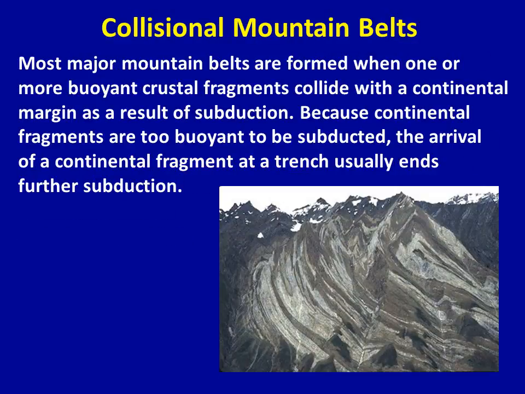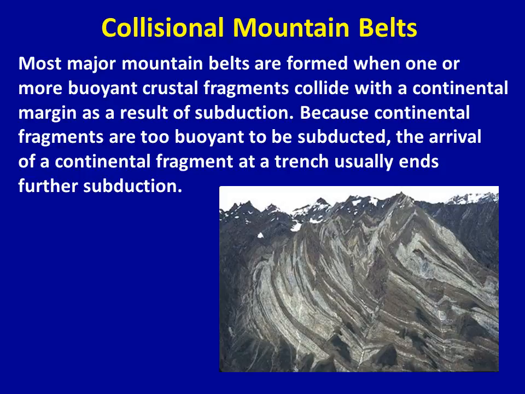Now, in general, collisional mountain belts are formed when one or more buoyant crustal fragments collide with a continental margin as a result of subduction. Because continental fragments are too buoyant to be subducted, the arrival of the continental fragment at a trench usually ends further subduction.